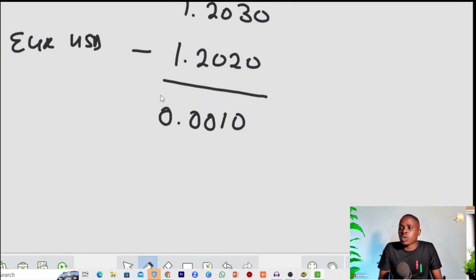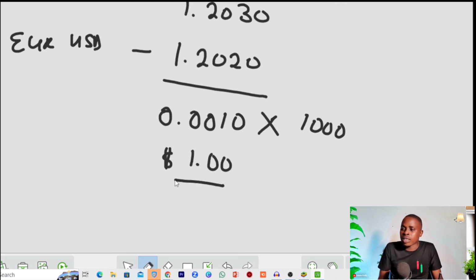So I'm just going to multiply this by the lot size. Let's say I was using the smallest lot size, which is the micro lot. The micro lot represents 1,000 units. 1,000 multiplied by 0.0010, you're going to see that I was going to make 1.00 US dollars.